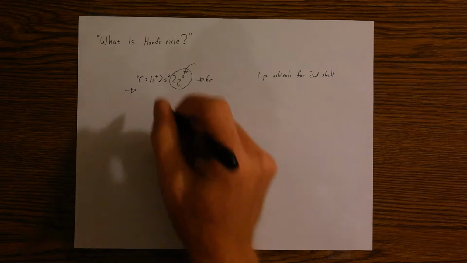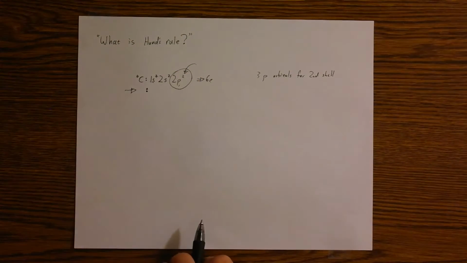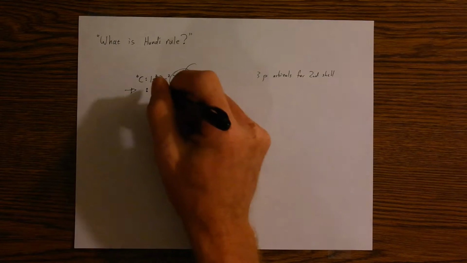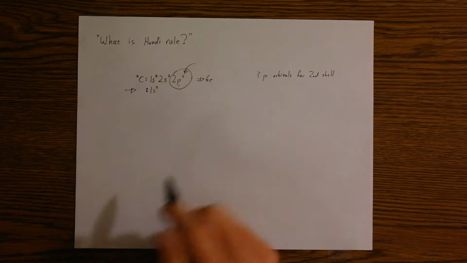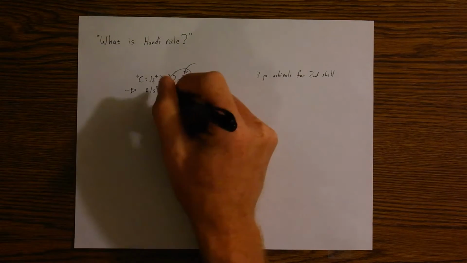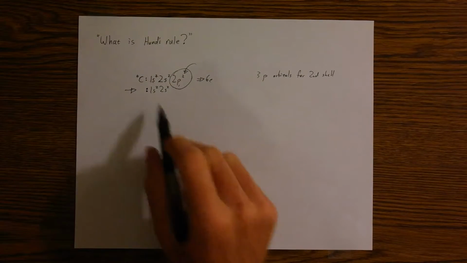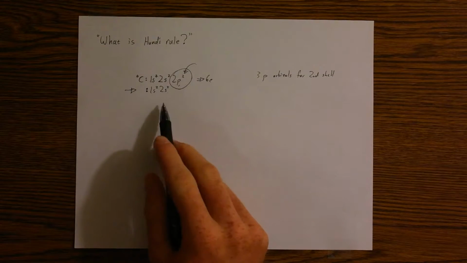Okay, so for carbon, we have 6 protons, so it needs 6 electrons, so we're going to start filling it up like this. 1s2, first shell, first orbital has 2 electrons. 2s2, so obviously we have 2 more in the s orbital of the second shell.